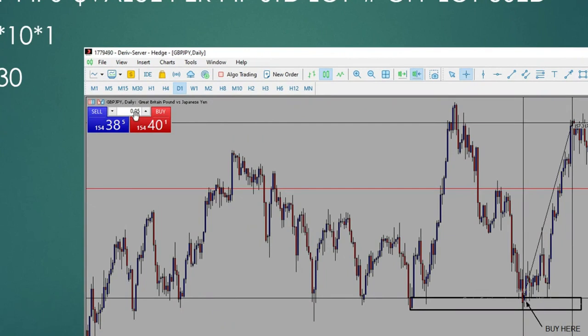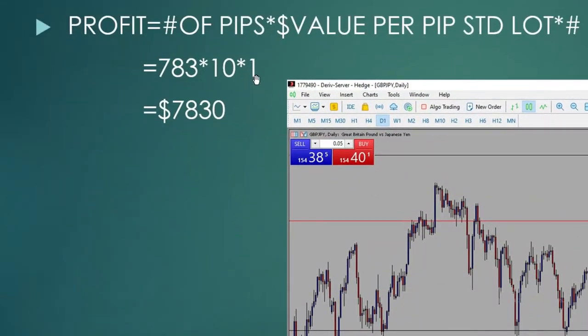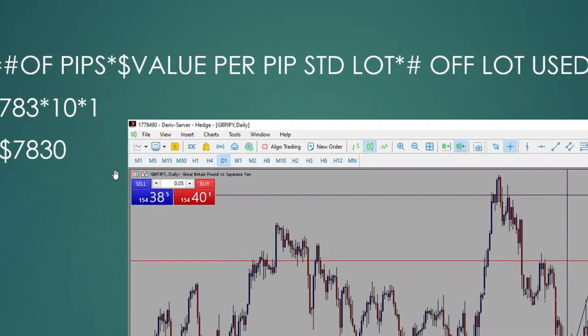If you're going to use this one click trading option, you input your lot size there. The pips come just from the chart, then the 10 is just a standard value that we get from the website. It always changes, but it's always playing around 10 for the most volatile pairs, right?